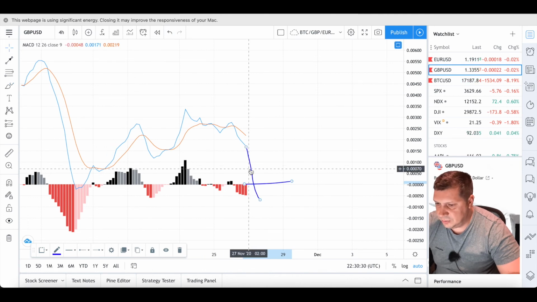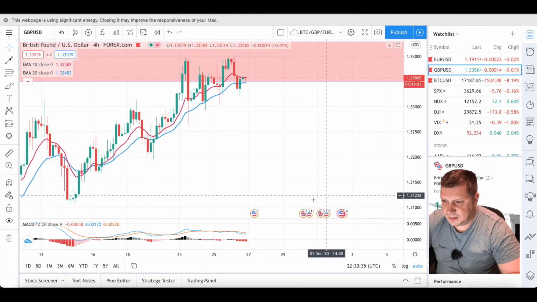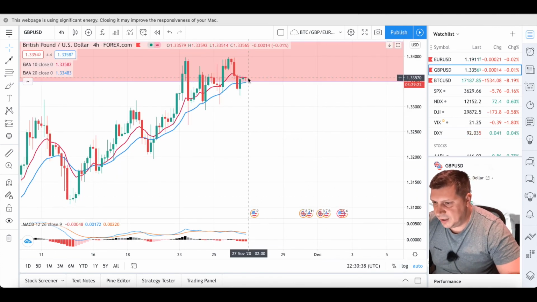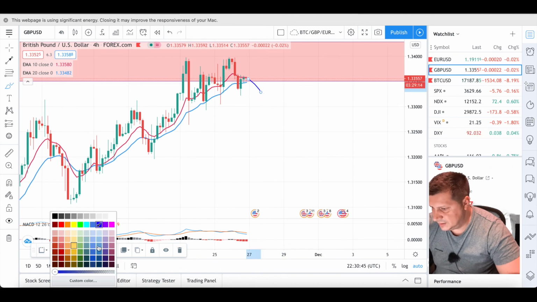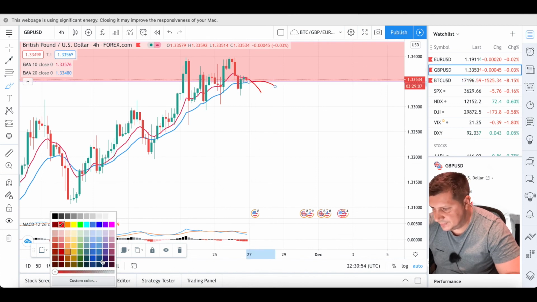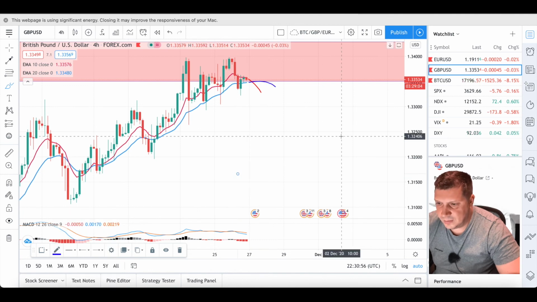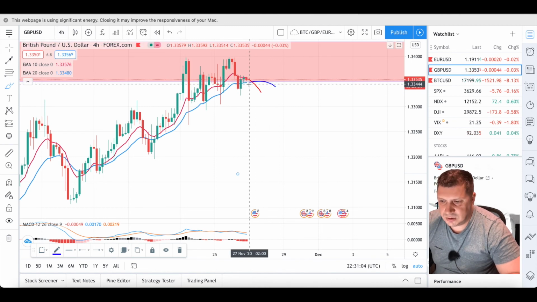And also the red line has to cross down the blue line. See, red line and blue line go like this, like this. This is going to be a good choice to start selling. So watch on 4 hour, and when it goes like this, then you can start selling.